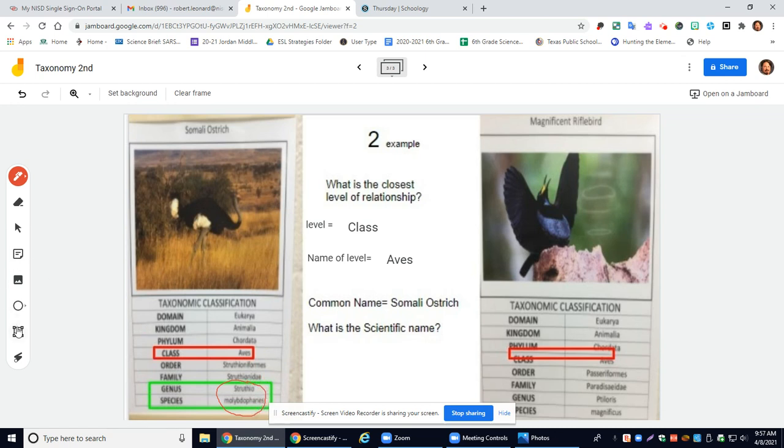I can't read that very well, but it's something like STRUMOLYBDOPHRIS. I have no idea.